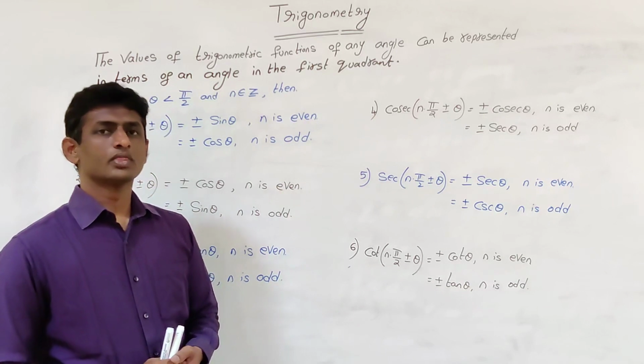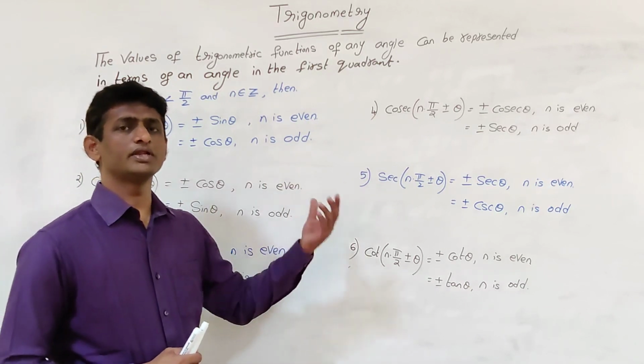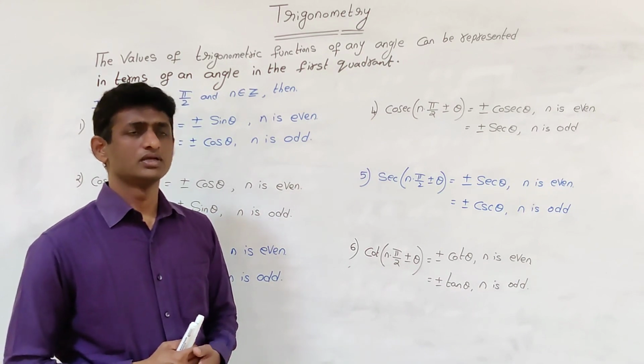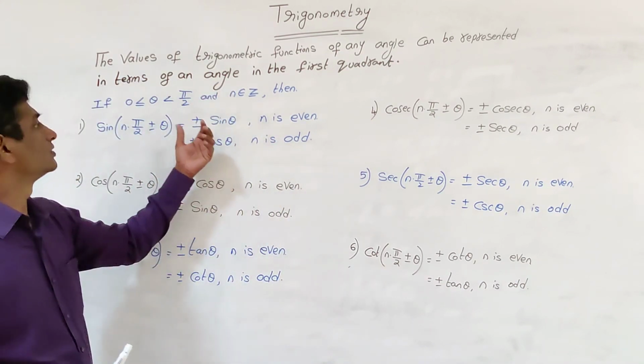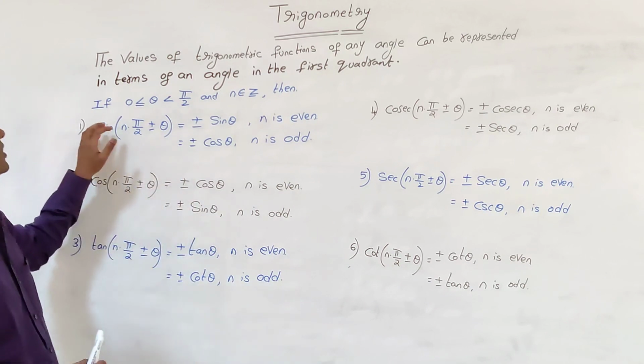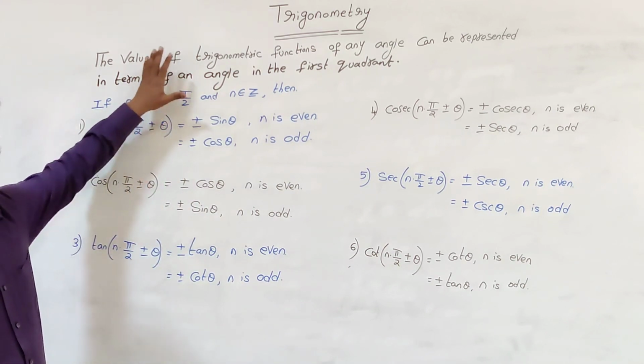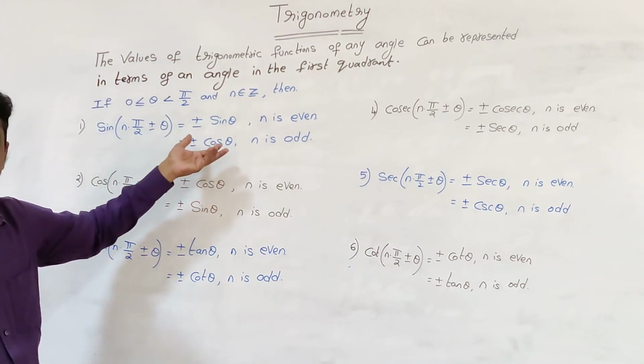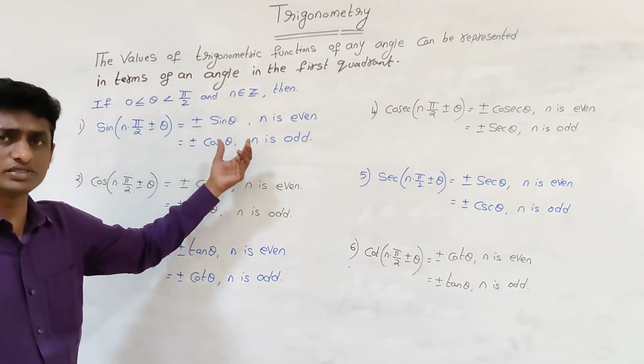Now we will see when the trigonometric ratio changes and when it stays the same. If you remember all these formulas with respect to the first quadrant, you will know when the ratio stays the same and when it changes.